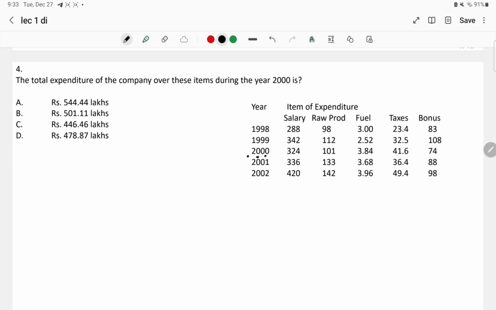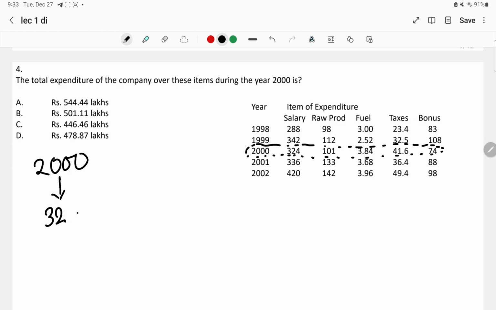We know the company expenditure for 2000 is this much. This much means what? In year 2000, the company did 324 lakhs expenditure on the salary, 101 lakh on raw product, 3.84 lakh on the fuel, 41.6 lakh on the taxes and 74 lakhs on the bonus. Okay, this is the total expenditure done by the company in the year 2000.